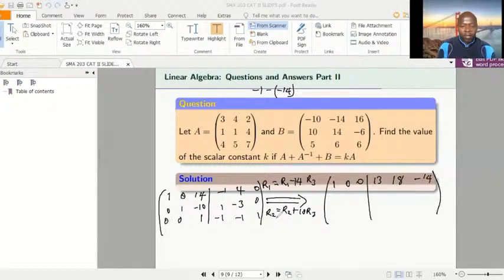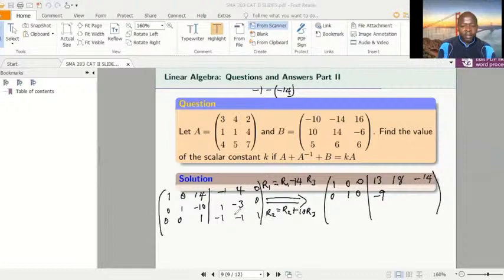Now, we are multiplying by 10 and adding the results. So this by 10 added to that is 0. This by 10 added to that is 0. This by 10 added to this is 0. This by 10 is negative 10. Added to 1, get negative 9.